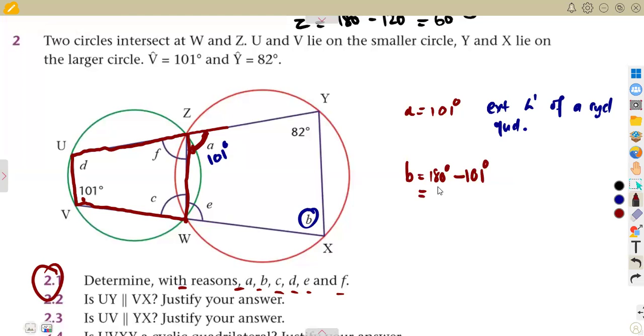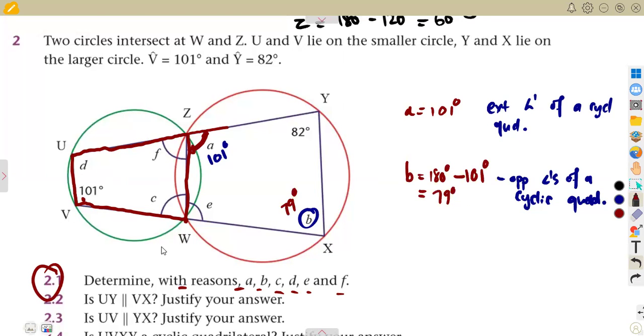These are opposite angles of a cyclic quadrilateral. They are supplementary. They add up to 180 degrees. So that was going to be 79 degrees.